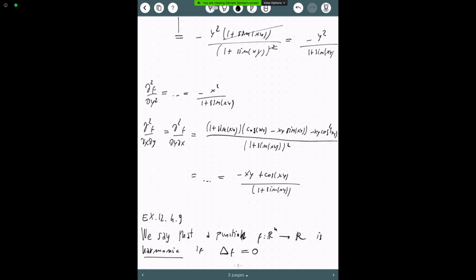So what is the Laplacian? Where this guy is the Laplacian operator, or Laplace operator. And this is defined as, okay, maybe I can use x1 because I have n variables.